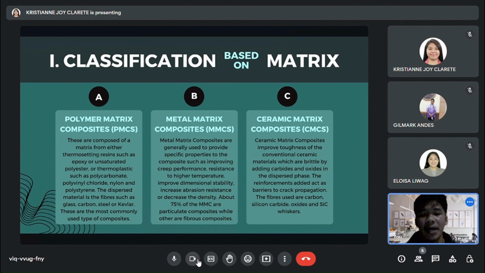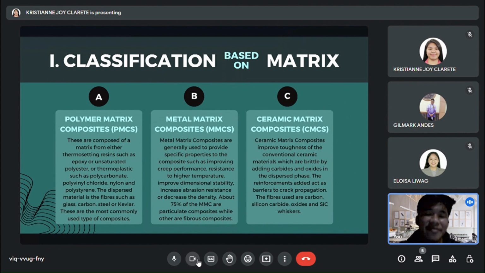A metal matrix composites is a composite materials with fiber or particles dispersed in a metallic matrix such as copper, aluminum, or steel. The secondary phase is typically a ceramic such as alumina or silicon carbide or another metal such as steel.